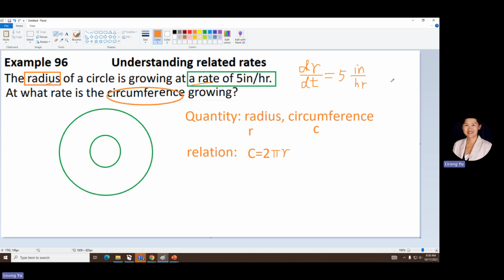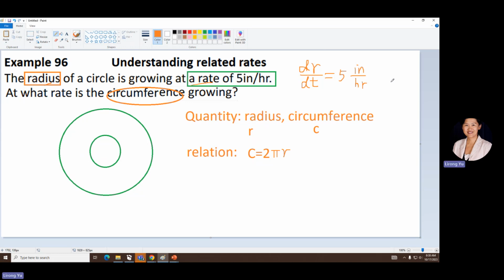So the unit is indicating that the time has a unit of hour, then the radius has a unit of inch. So this is how many inch per hour that the radius is increasing. So that is a speed, or you can call that a derivative of the radius. Any questions so far?